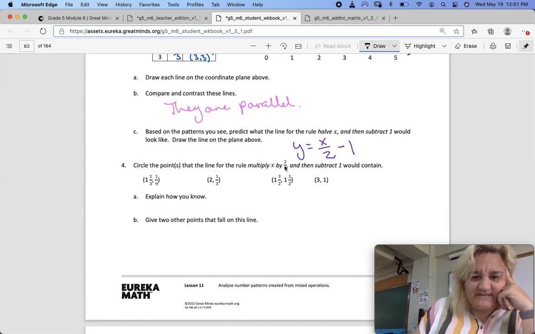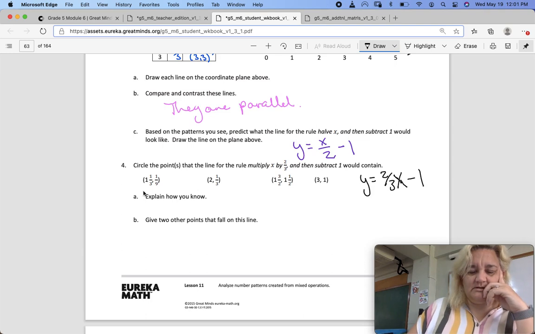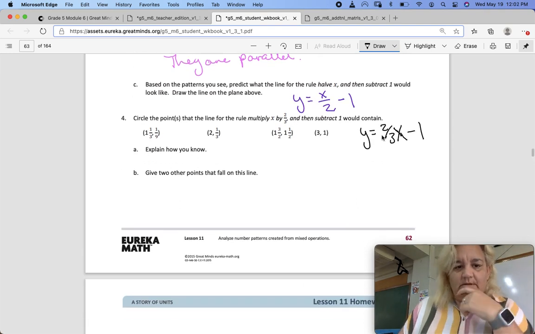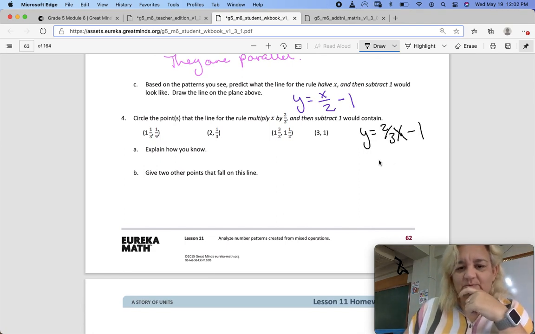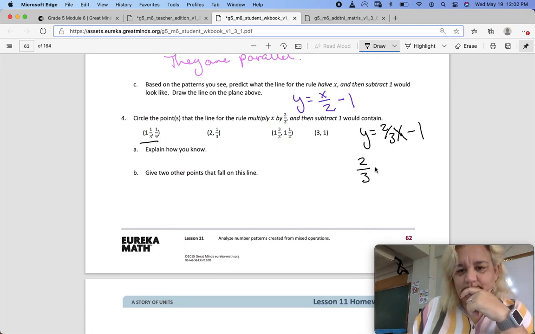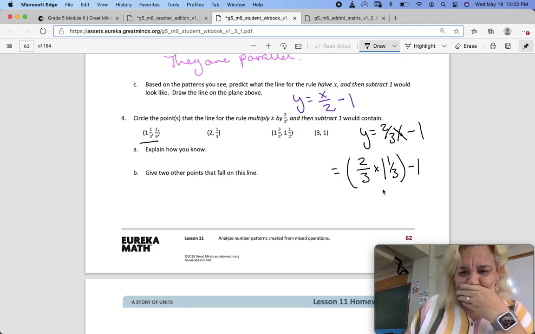Circle the points that the line for the rule multiply x by 2/3, so y equals 2/3 times x minus 1. Okay, so we're just going to plug in some numbers here. 2/3 times 1 1/3, minus 1 equals what?